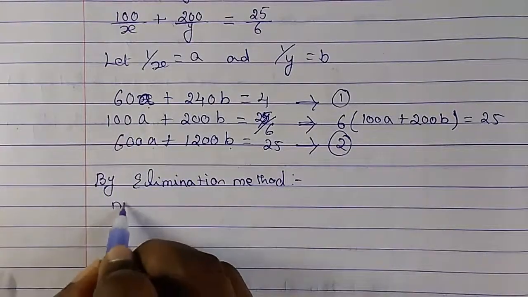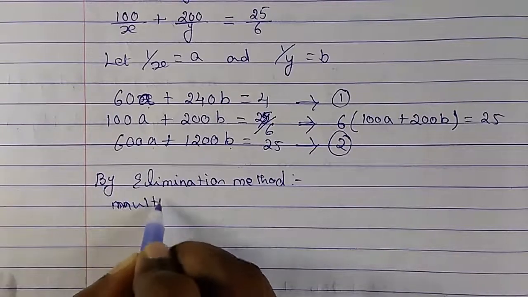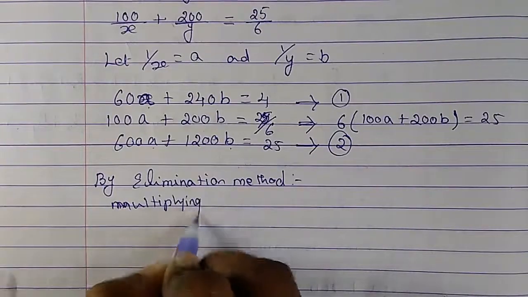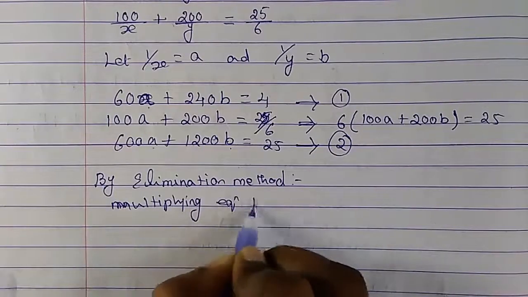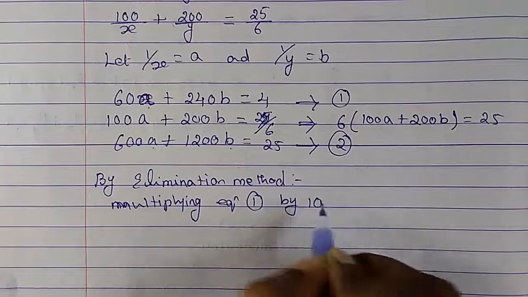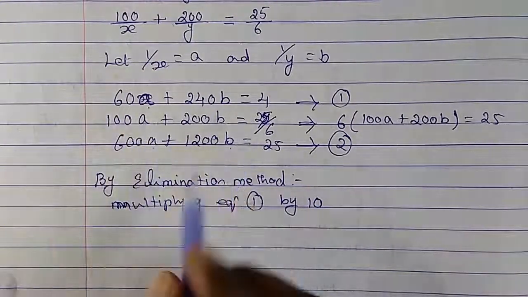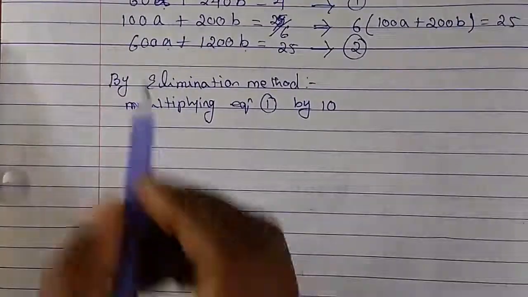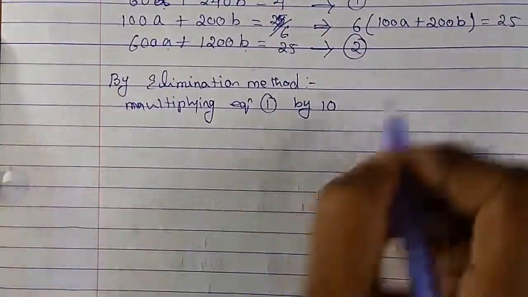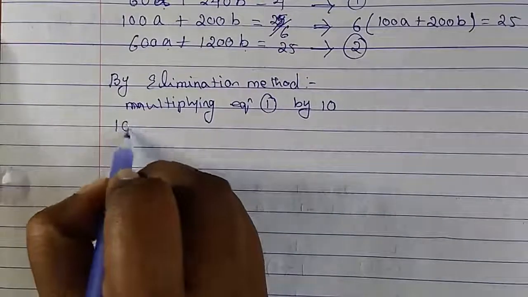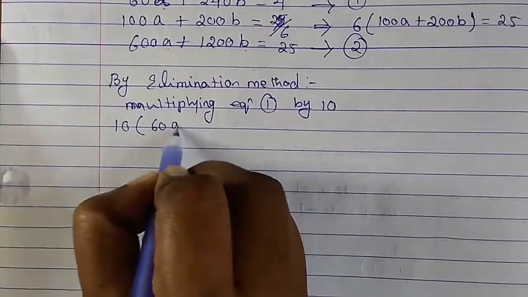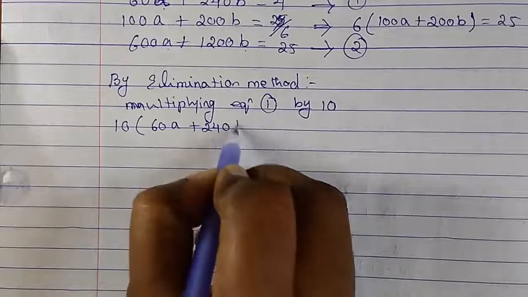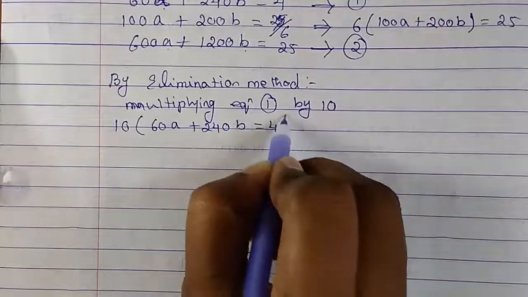Multiplying equation 1 by 10. The equation is 60a plus 240b equal to 4.